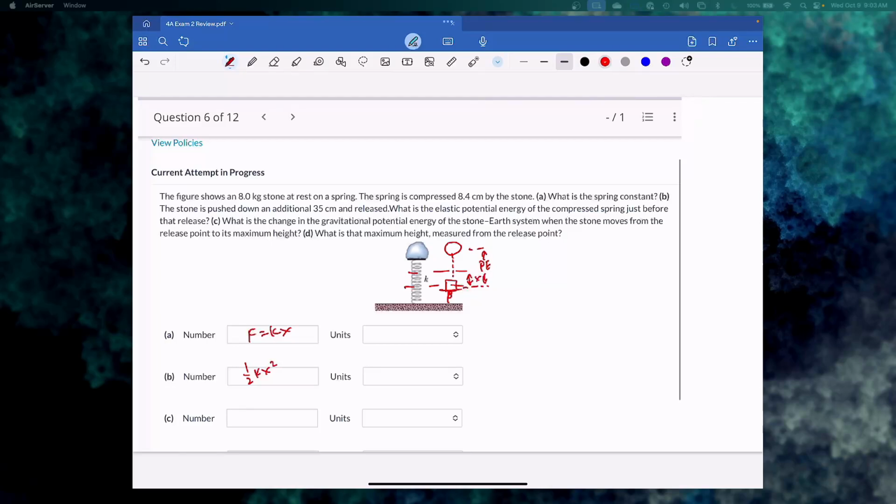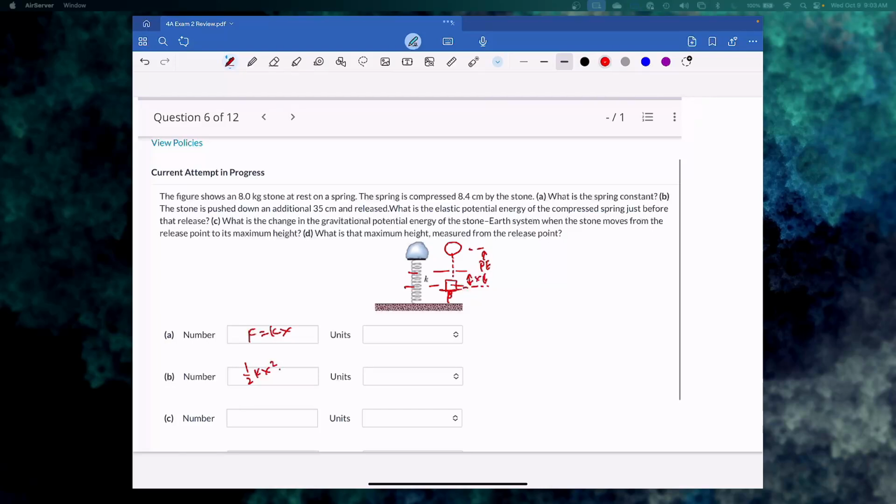The spring, right? The spring pushes up, it gets to max height. So it started at 0 speed, it ends at 0 speed, but it started with 100 joules of potential energy in the spring. How many joules of potential energy are now going to be stored in gravity? Conservation of energy, it's 100 joules, right? So that's why the answers to B and C are the same.